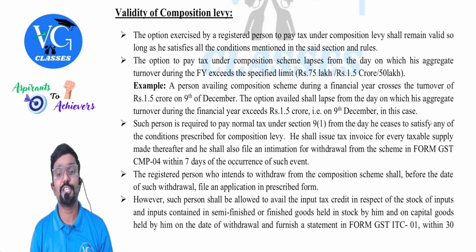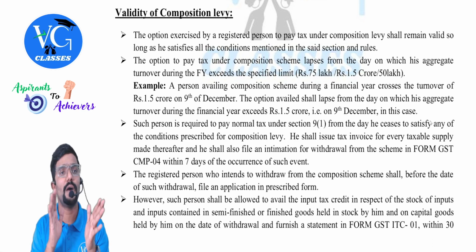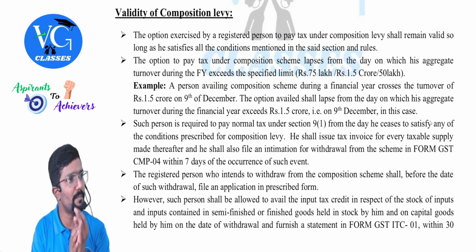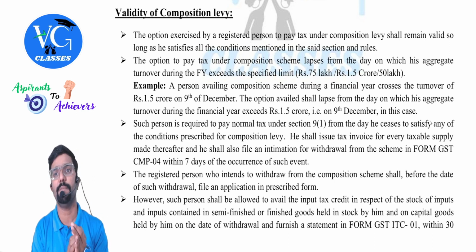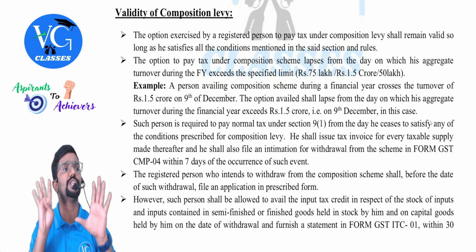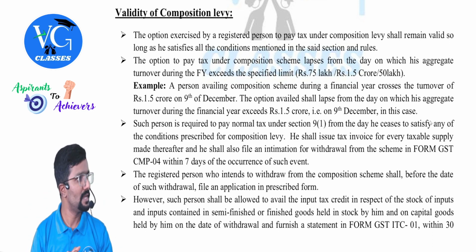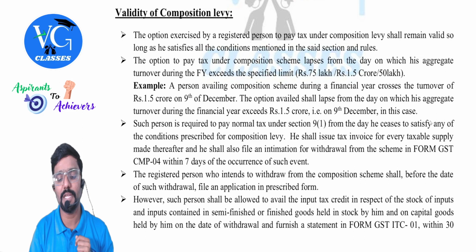The option availed shall lapse from the day on which his aggregate turnover exceeds 1.5 crore, that is 9th December in this case. Means on 9th December, he will become ineligible for composition scheme. Immediately, he should move to section 9, guys. Clear?